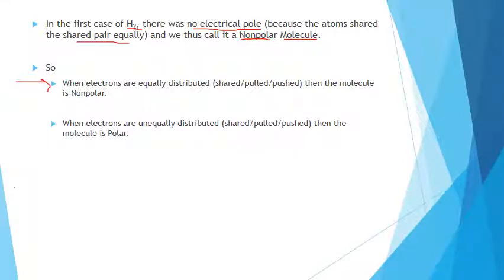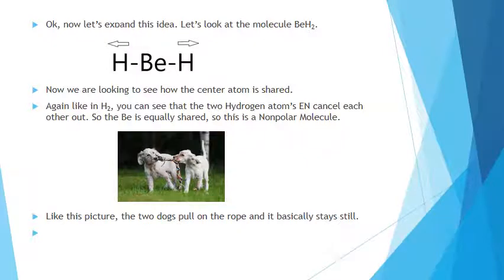When electrons are equally distributed, like in the case of H2, then the molecule is nonpolar. And when electrons are unequally distributed, that means unequally shared, pulled, or pushed, then the molecule is polar. Okay. So let's take a look at an example of BeH2.